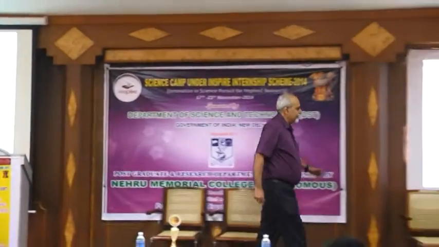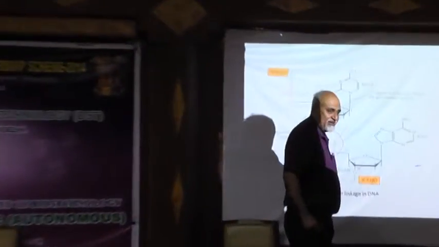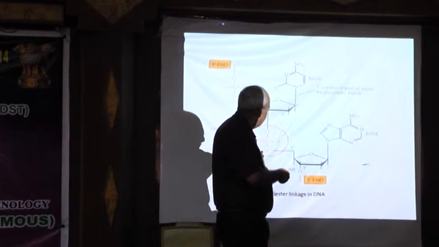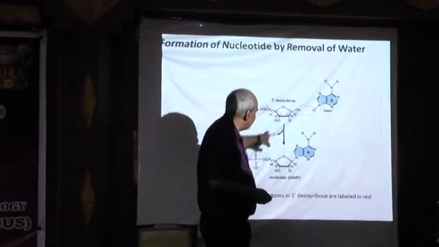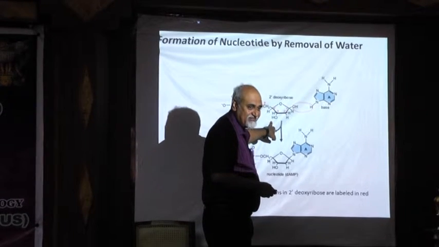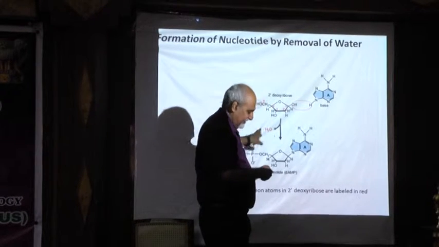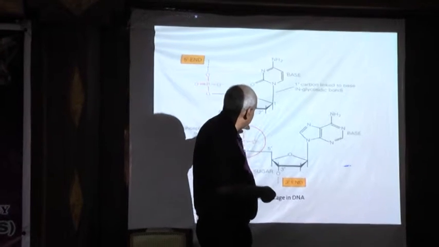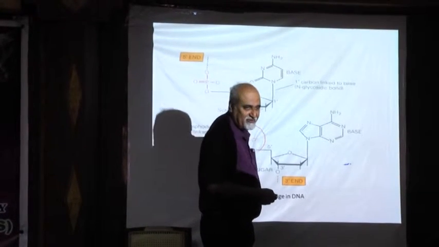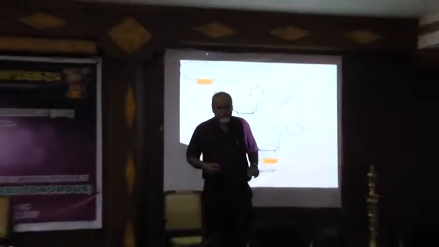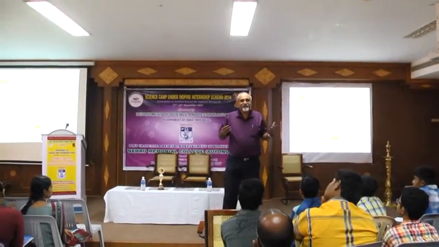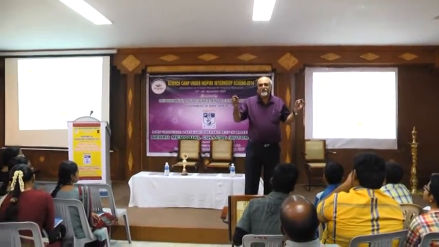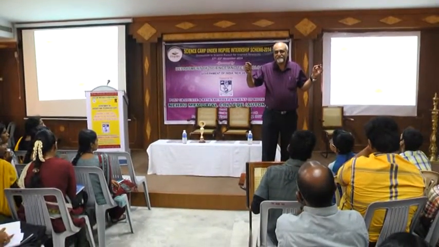So we can easily make that. This CH2OH has an oxygen, and this oxygen can react with this OH. Correct? And then we can make this C-O linkage. So we can make a polymer. In polyethylene, how many monomeric units are there?